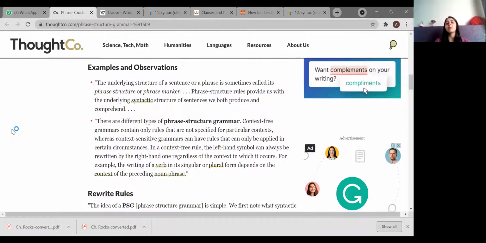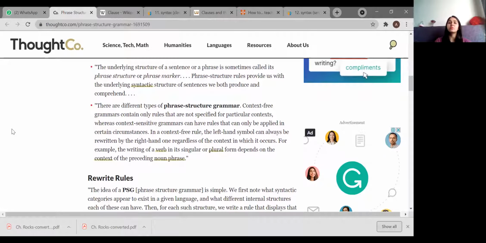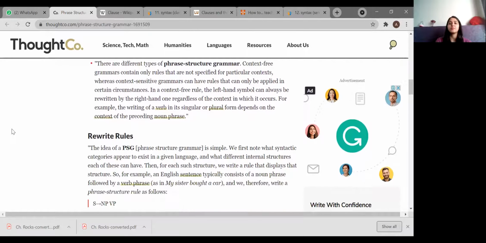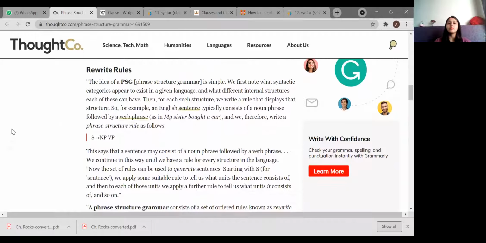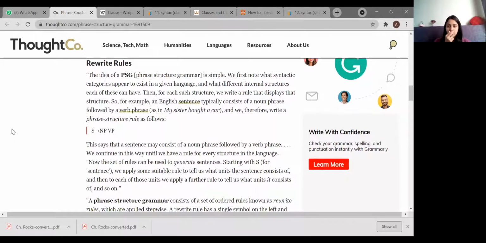Let's see a few examples through which you all will understand what it is. The underlying structure of a sentence or a phrase is sometimes called a phrase structure. Phrase structure rules provide us with a systematic structure for a sentence to be built. Context-free grammars contain only rules. So we have to follow those rules. All right.